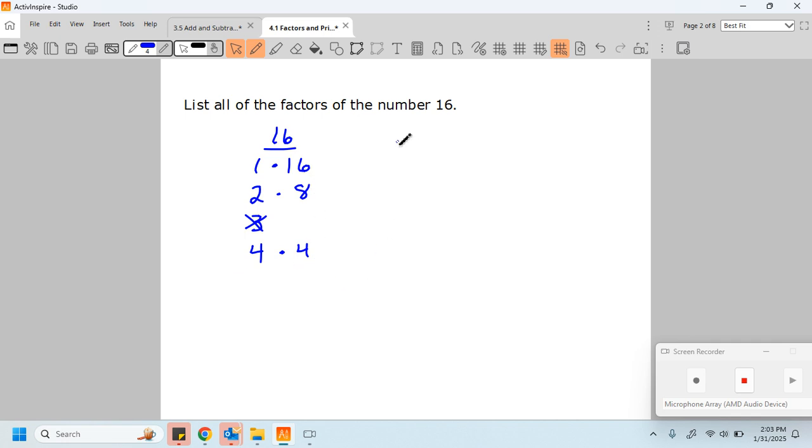So the factors of 16 are 1, 2, 4, 8, and 16.